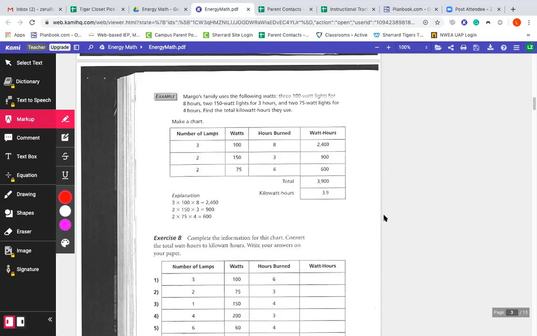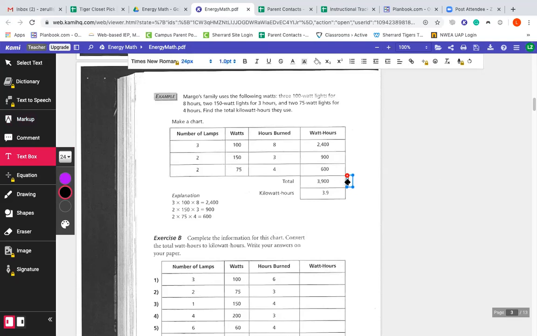Now, we already learned just Tuesday how to take watts and change them into kilowatts, right? So we could take that and divide it by 1,000. And I think I'm going to write a text box here. I'm really not doing so hot with this.